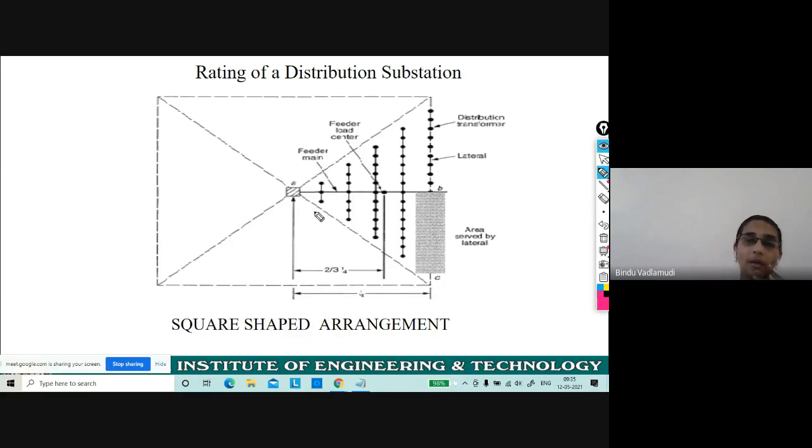This is feeder 1, 2, 3, 4. The substation is connected to 4 feeders.